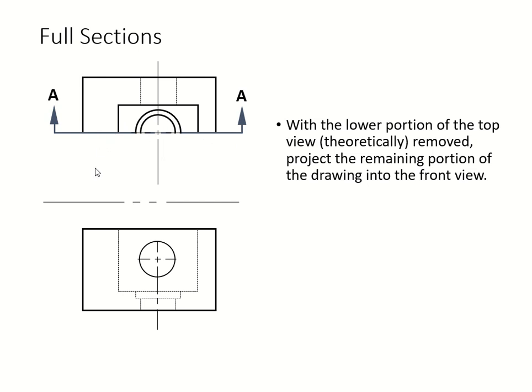You are able to see the internal components of this object. Since we cut it, we are going to show that in our front view. So we'll definitely need to project the change onto our front view. So let's draw the front view with the change.